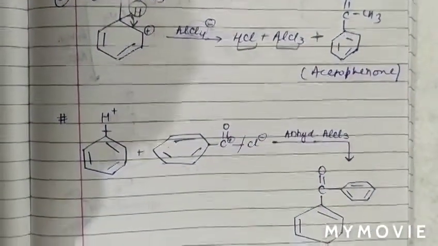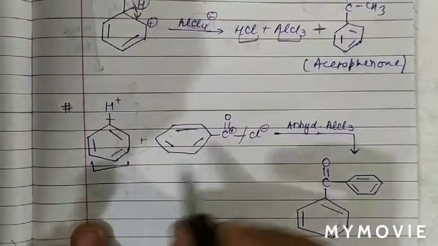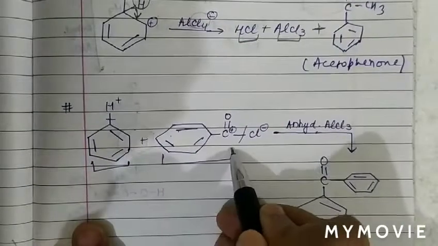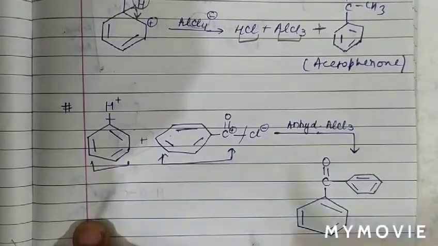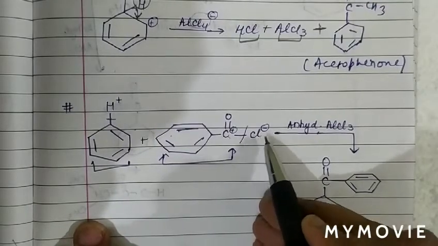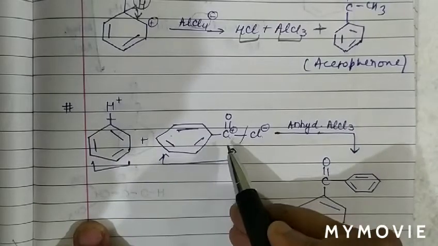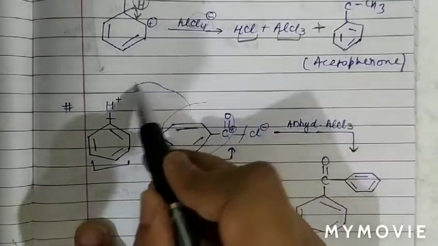Now see the next reaction based on this. So this is basically benzene. Now the electrophilic part is this one. Between C and Cl, chlorine is more electronegative, therefore chlorine has negative charge and carbon has positive charge. Now this electrophile will attack in place of hydrogen.